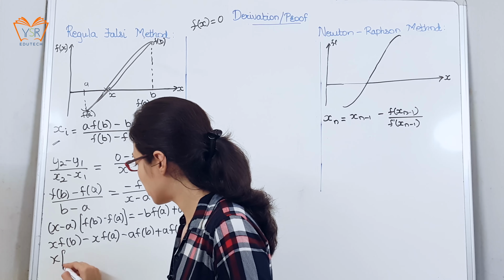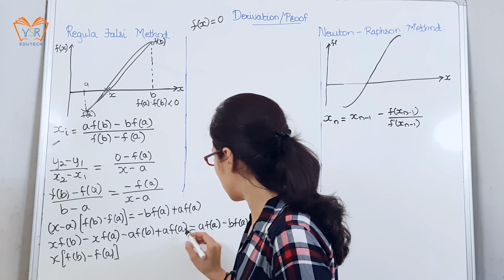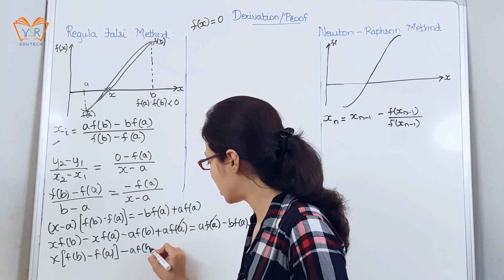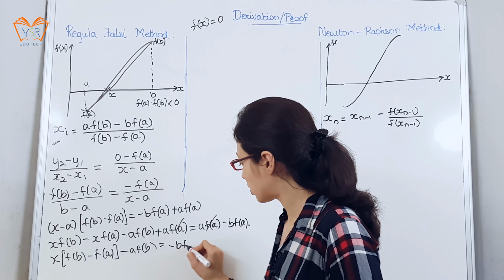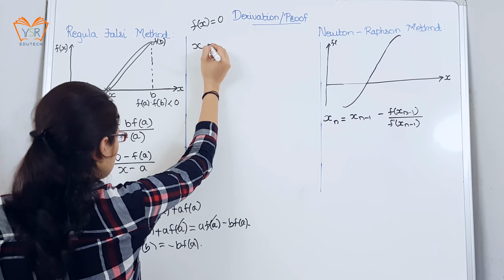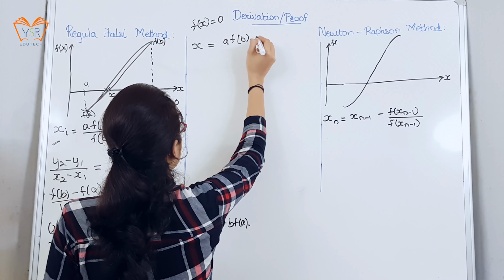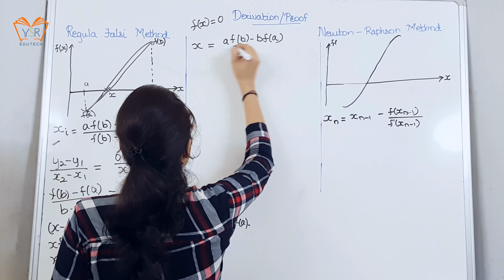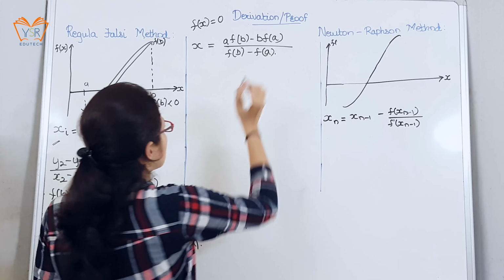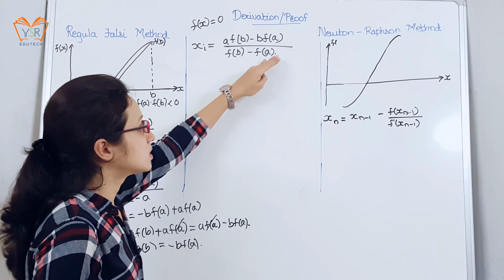Taking x common, we get f(B) minus f(A). This term and this term will get cancelled. So minus A into f(B) is equal to minus B into f(A). Again rearranging, we get x is equal to (A f(B) minus B f(A)) divided by (f(B) minus f(A)). So the generalized formula will be x_i is equal to this formula.